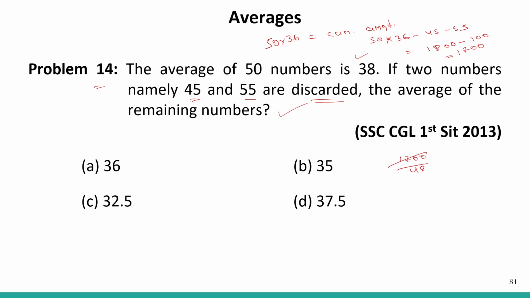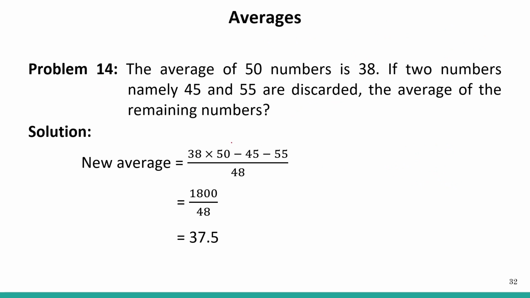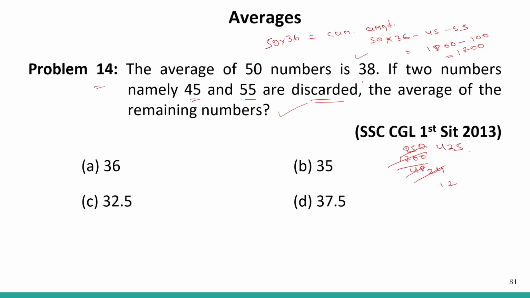So this will be 850 by 24. So this is 12 and this is 425. So let's see, the average will be 1800 by 48. No, it won't be. Was it 38? Oh, it was 38. So 50 into 38. I have written 36 down here.